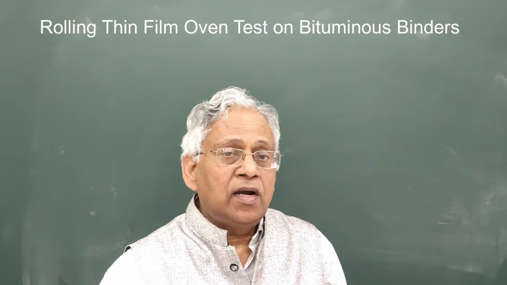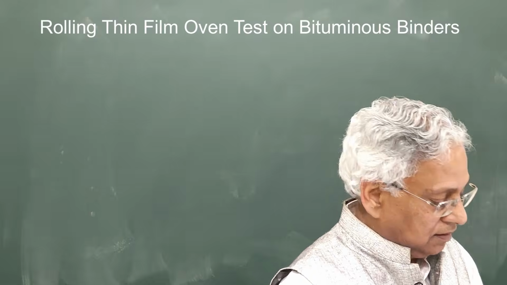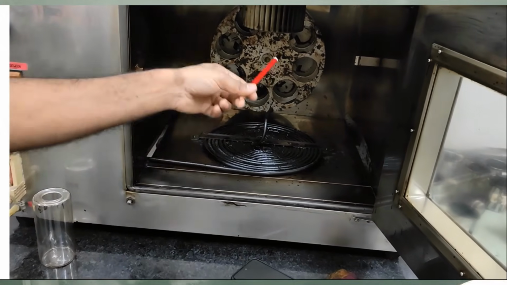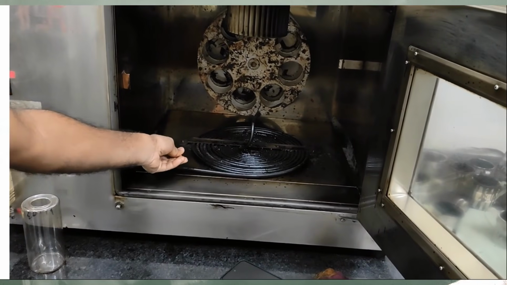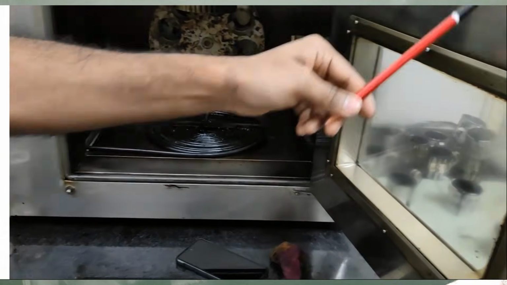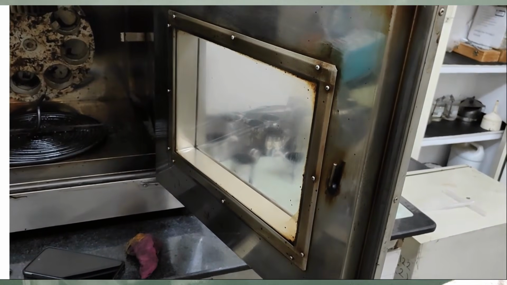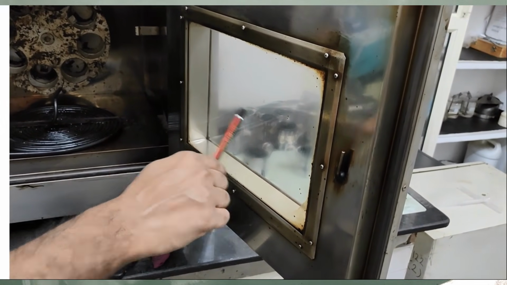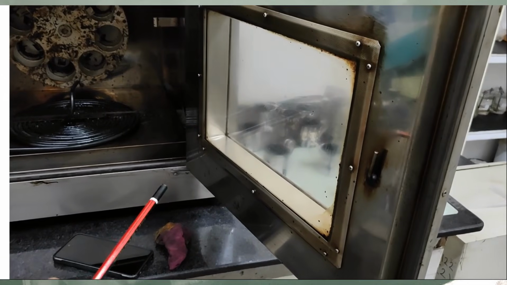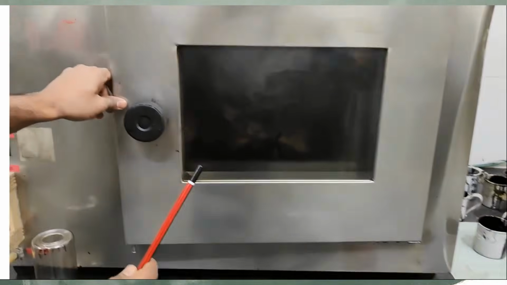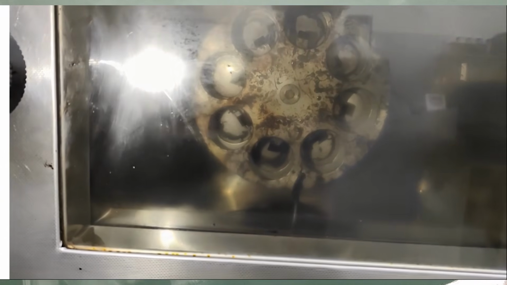The apparatus required for this test is an oven. The oven is a double-walled electrically heated convection type oven. Its door has a window made of two sheets of heat-resistant glass separated by an air space, and this window is to have a clear view of the interior of the oven.